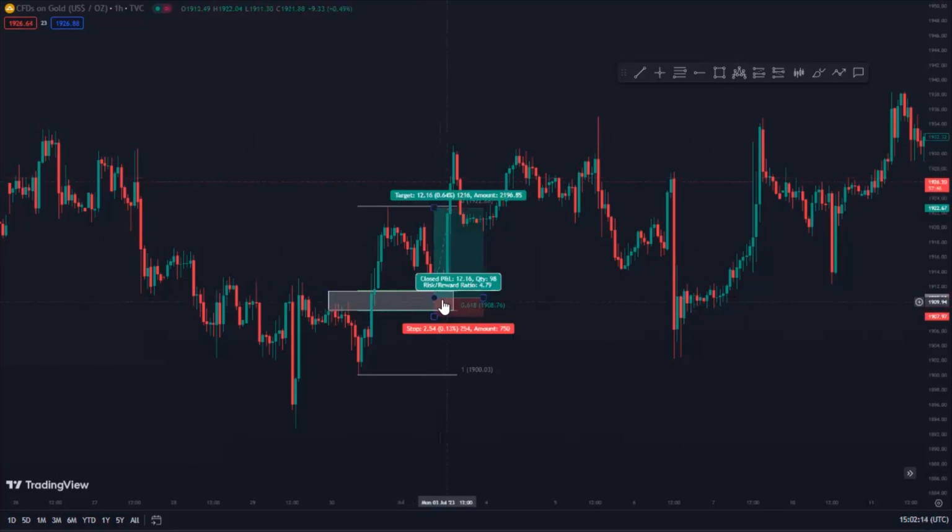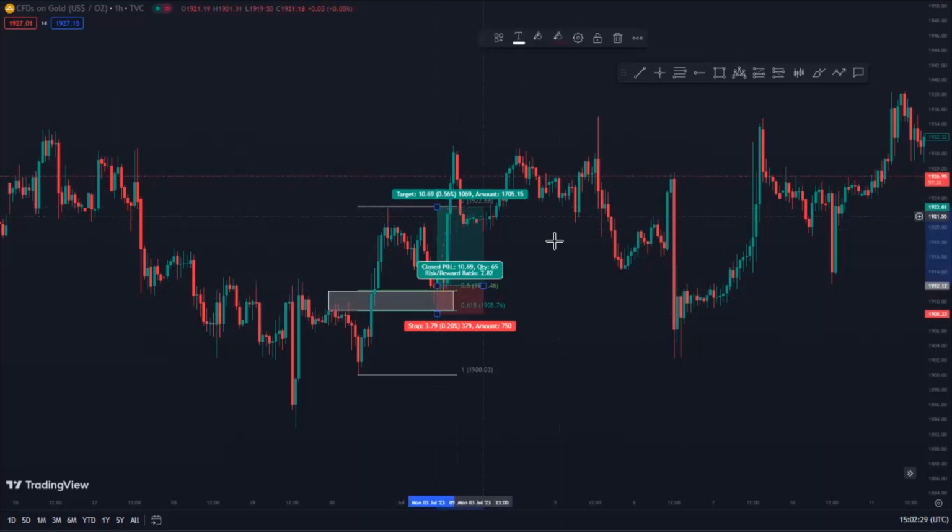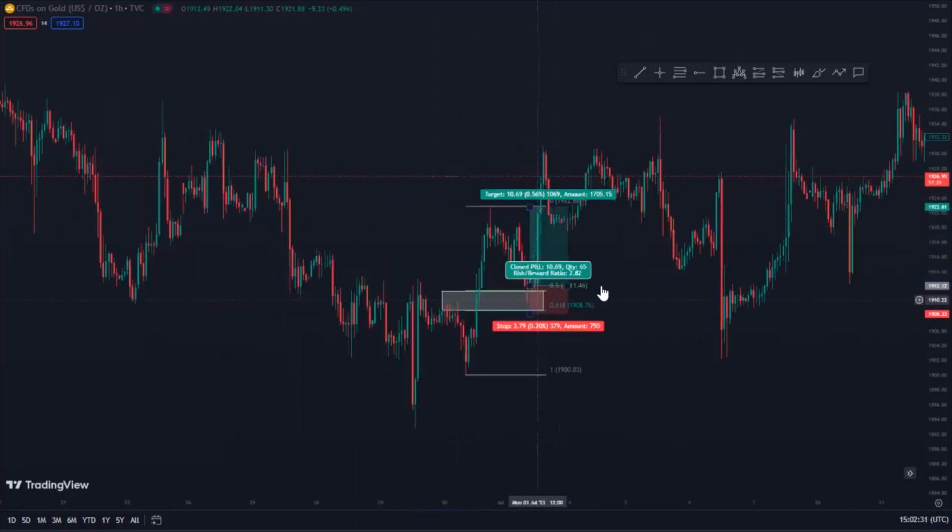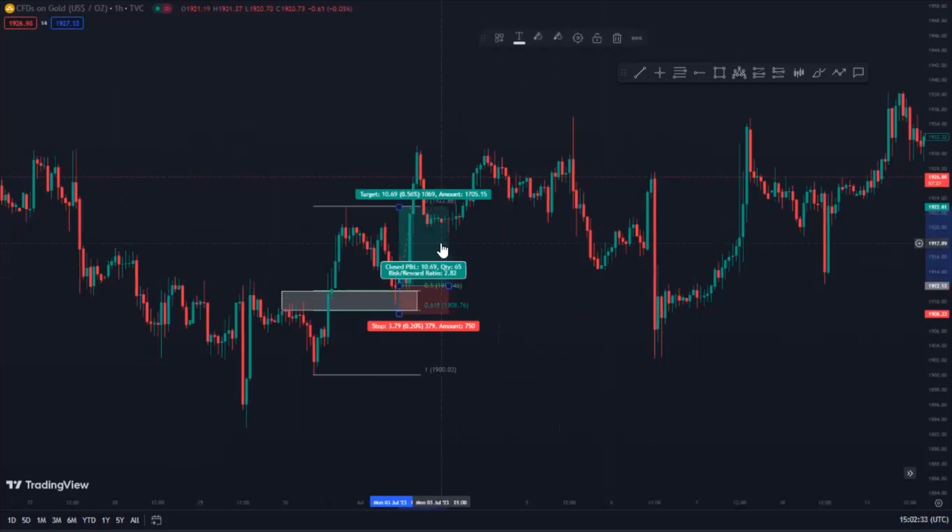So for us to take trades, we wait for a rejection, right? So I could have waited for this candlestick to close and then entered my buy, stop loss just below the 61.8, my target here at the 2.82%, right?